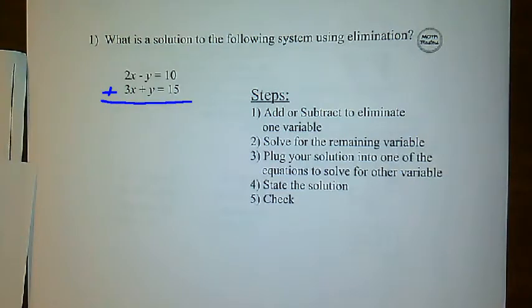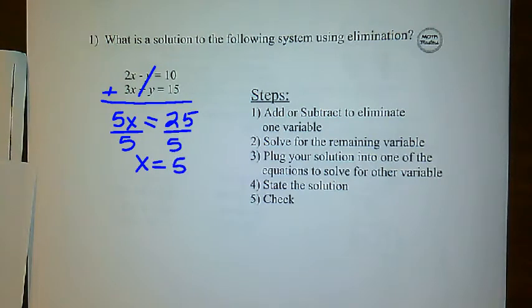When we do that, we get 5x. These cancel out. Remember, there's a 1 in front of the y, so it's negative 1y plus 1y, so those will cancel out. So this is equal to 25. Divide both sides to solve for x, and then just like in the substitution method, you're going to plug that back in.